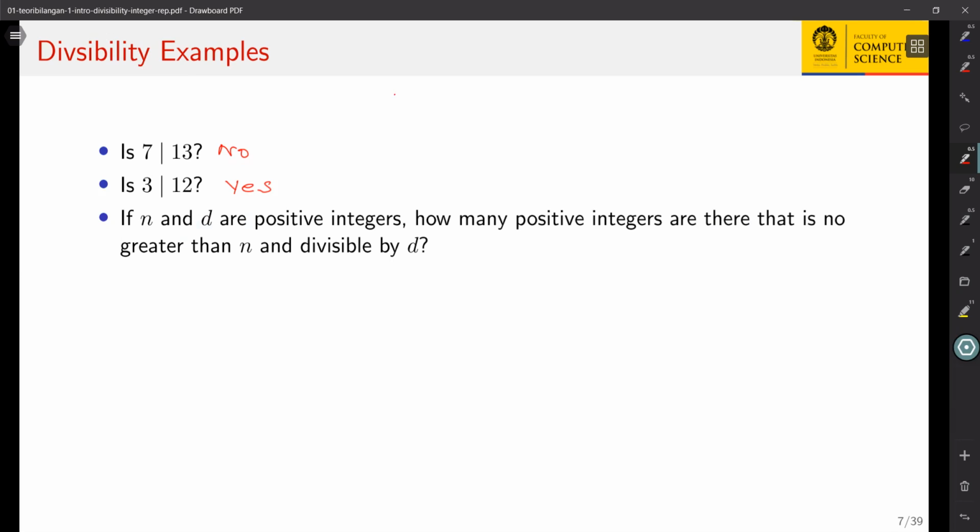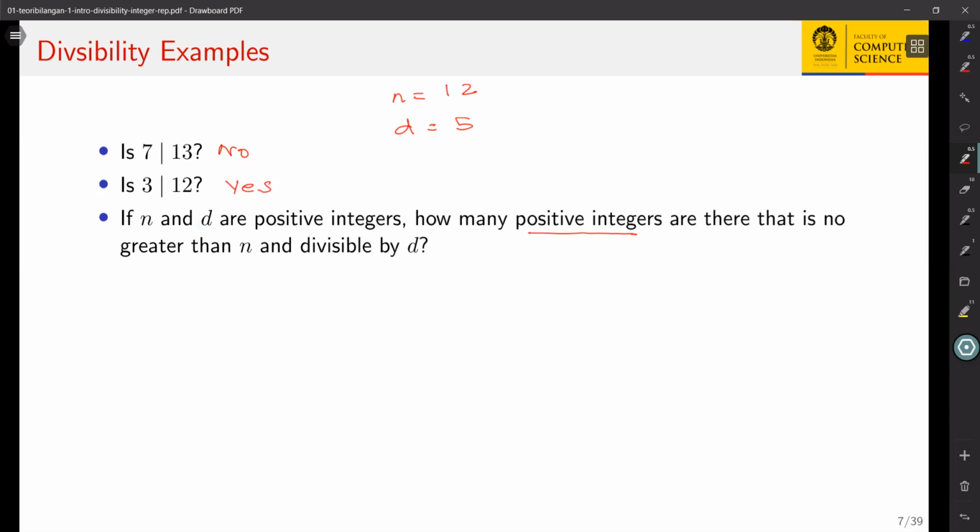So let's say N is 12, and say D is 5, right? So what are the positive integers that are no greater than N and divisible by D?